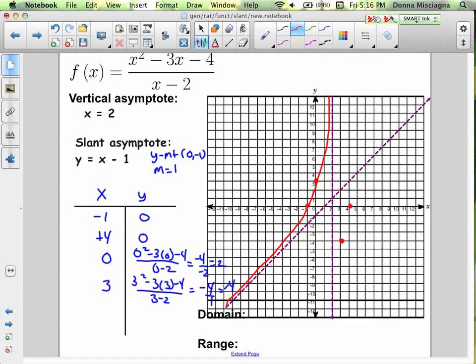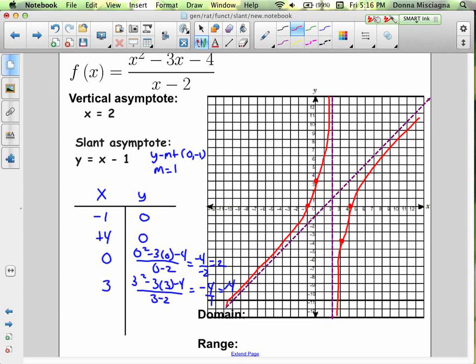I don't think we're going to need it, and I don't want to take up too much time on this podcast plugging in values. If you want more points, you can always plug them in, but this is not going to cross the vertical, and it will turn for that slant. It will not cross that either. That is enough to give us a pretty good idea of the shape of our graph. More points, of course, would make it even more accurate, but that is plenty accurate enough for me.